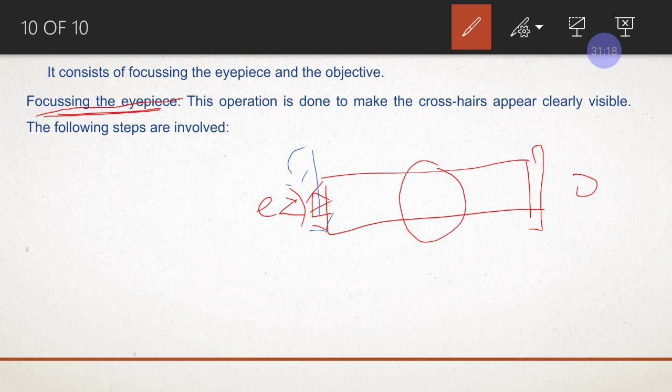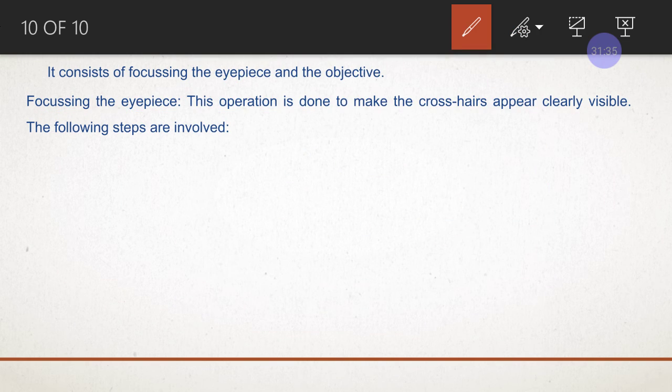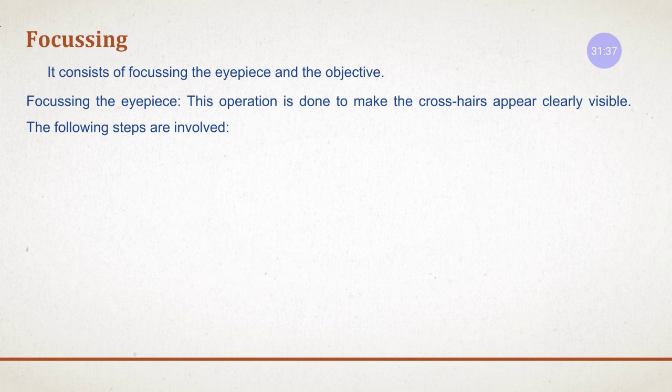So that you can get a clear and distinct image of the crosshair. You're going to move it in or out until your crosshair appears clear and distinct, right? These are the two focusings that we're going to see in the focusing temporary adjustment.